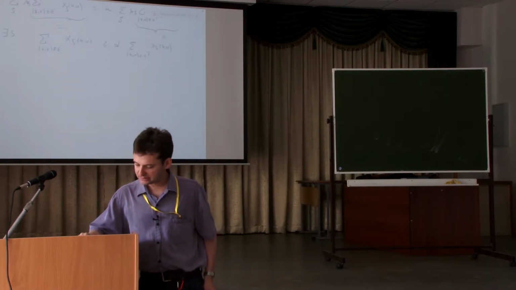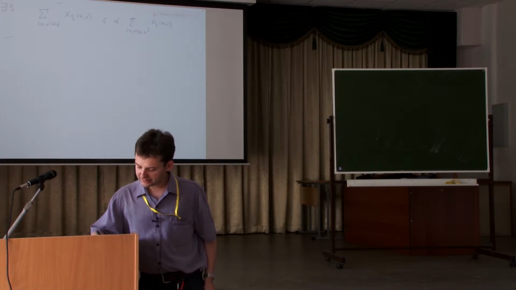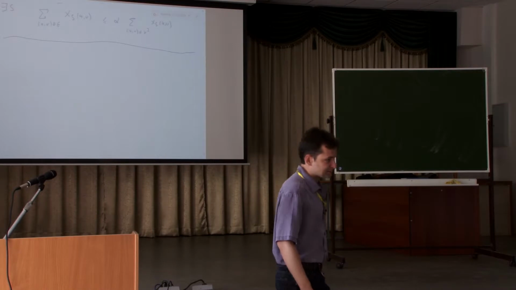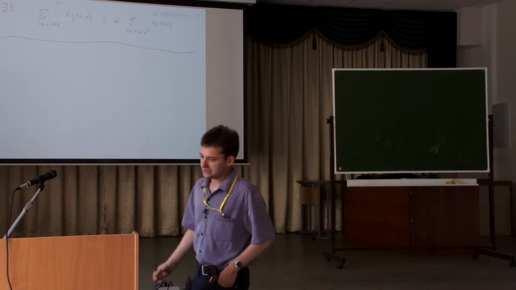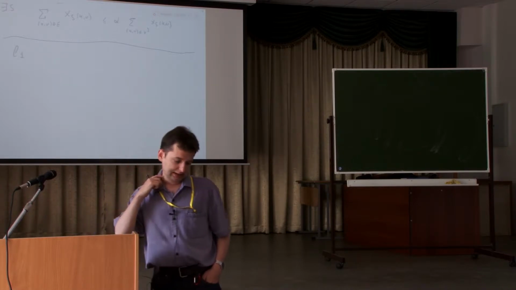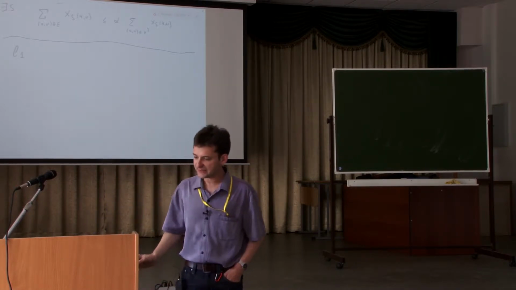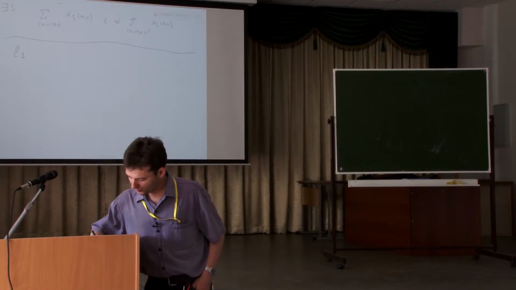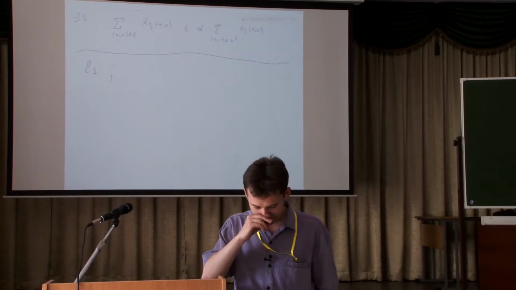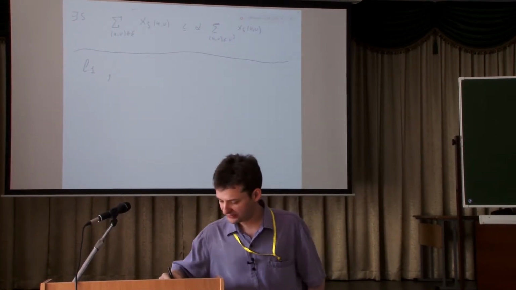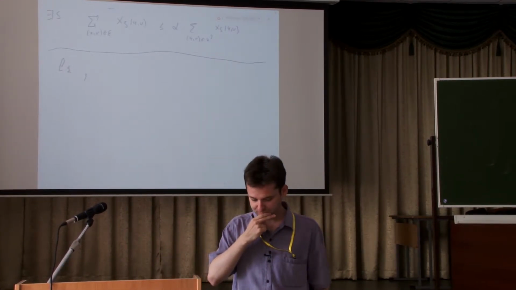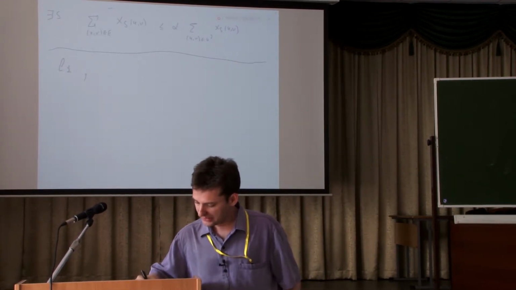And so what are these metrics? These metric spaces are essentially L1 metric spaces. So let me give a definition of an L1 metric space. There are various ways to define it, and one way, up to scaling, is as follows.